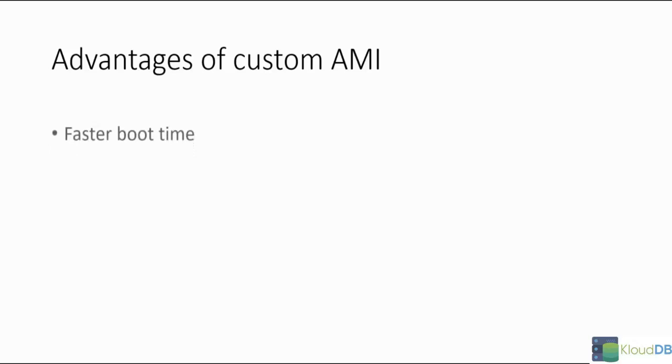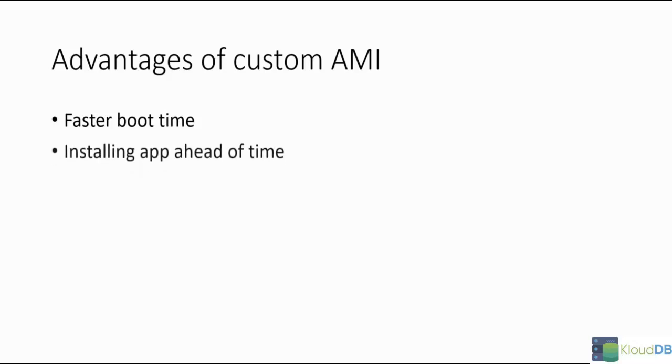Advantages of a custom AMI. You have faster boot times because you install all the packages and you're not doing any steps in the user data. If you avoid doing some steps in the user data, it will be faster. Installing apps ahead of time: let's say you're using a MySQL instance, all the software and packages it needs are installed ahead of time.